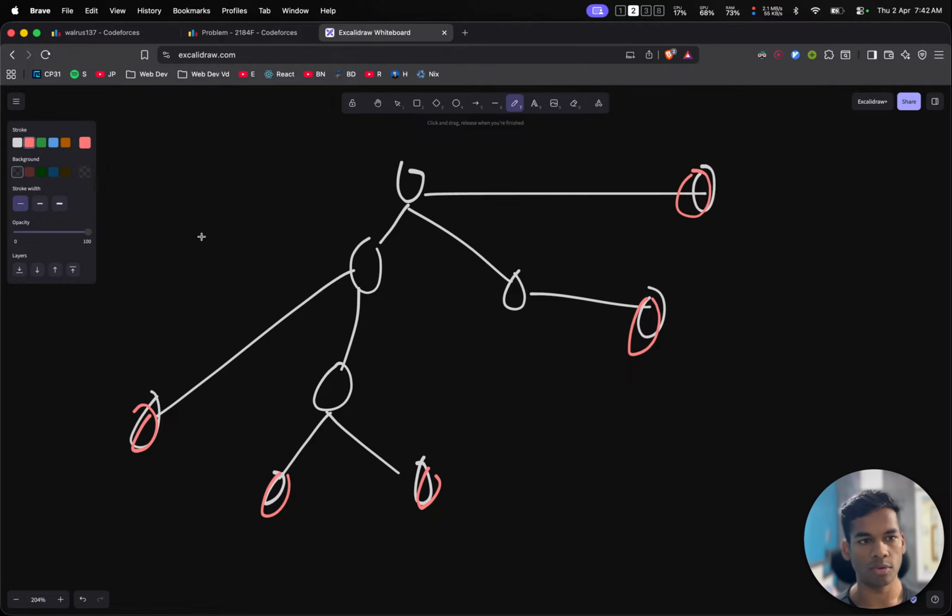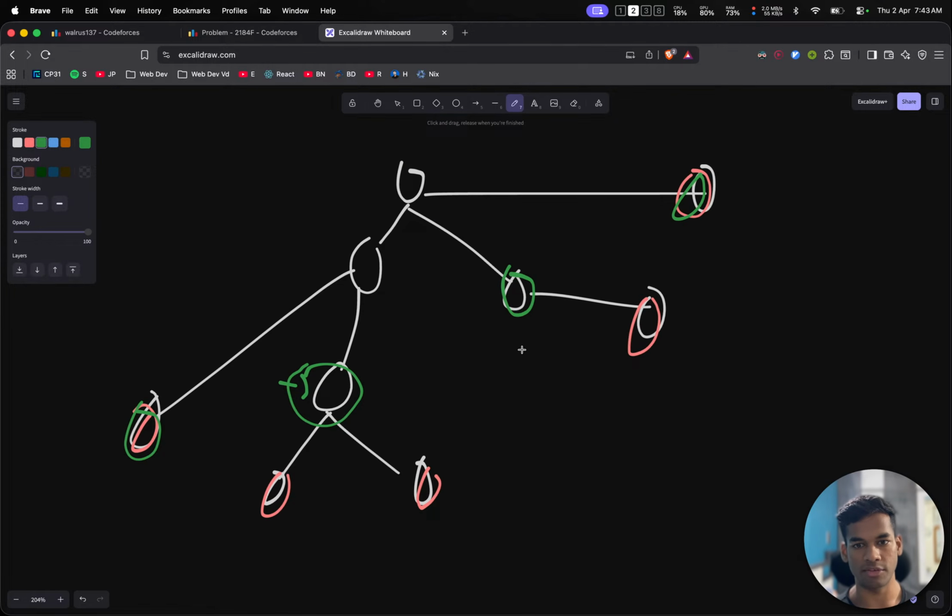So what we have to do is choose a subset of nodes. And let's say we choose this one, and then this one and this one.